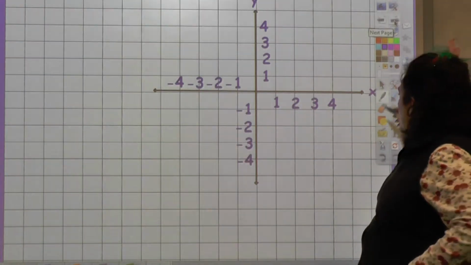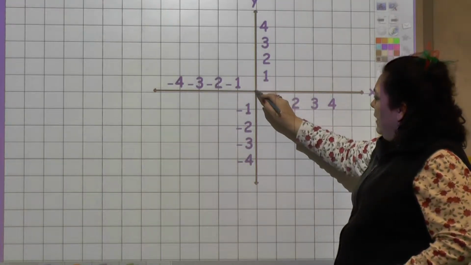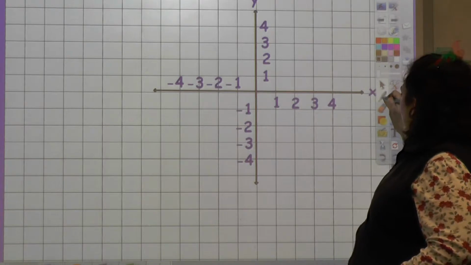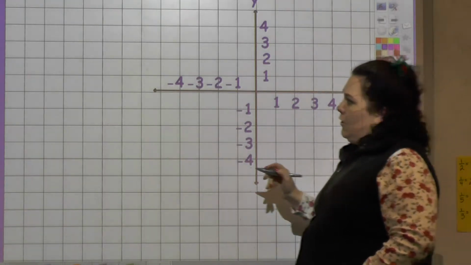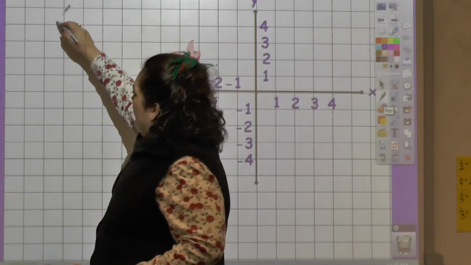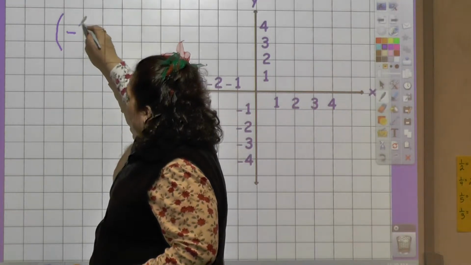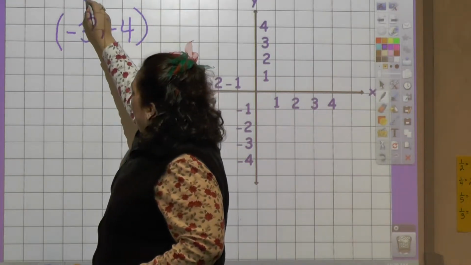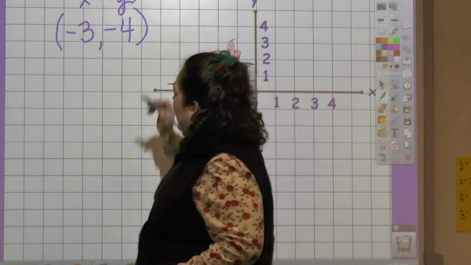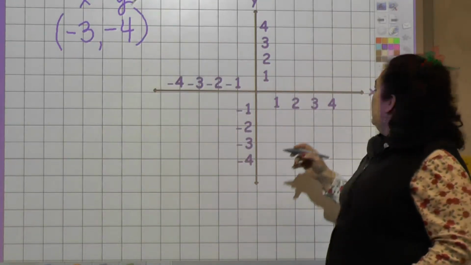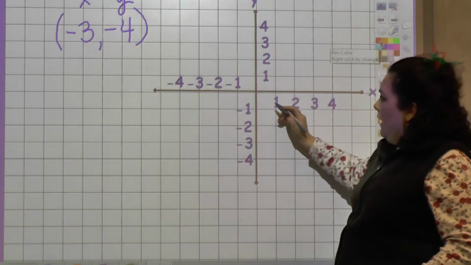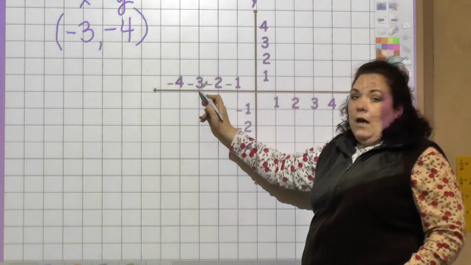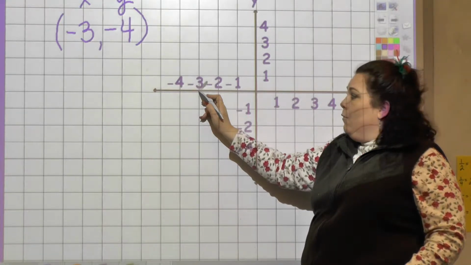So here's my coordinate plane, and we'll look at this. If I gave you the ordered pair -3, -4, this is my x and this is my y. So on my x is my horizontal, and so I would go -3, and then I would go y, -4.